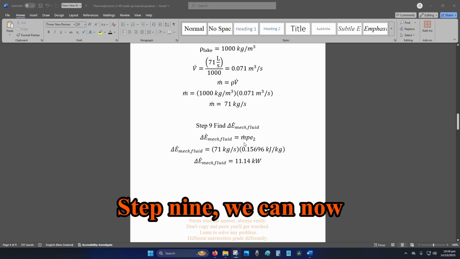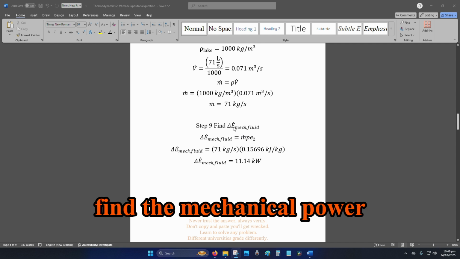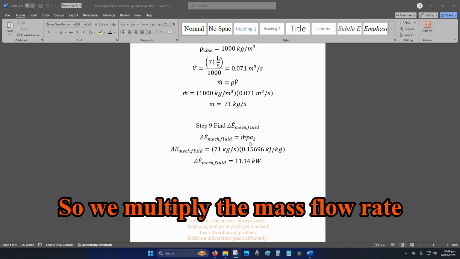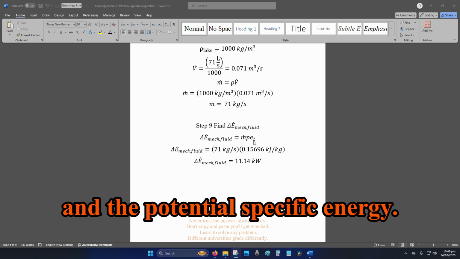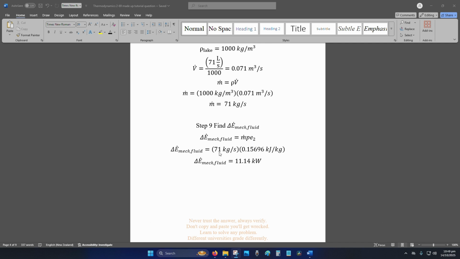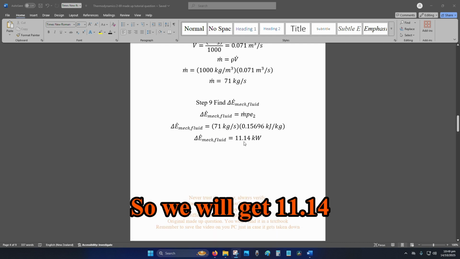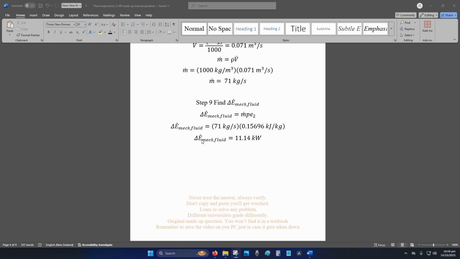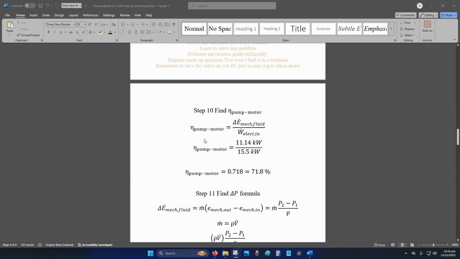Step 9, we can now find the mechanical power in terms of fluid. So we multiply the mass flow rate and the potential specific energy. So we will get 11.14 kilowatts of mechanical power in terms of fluid.